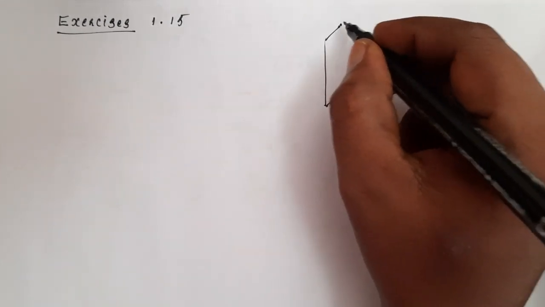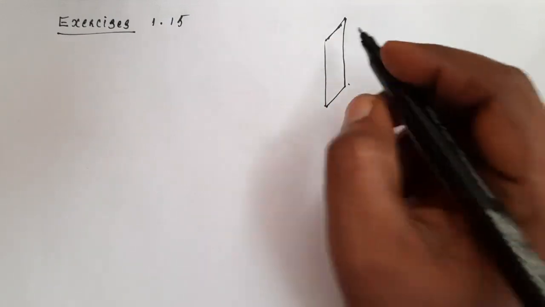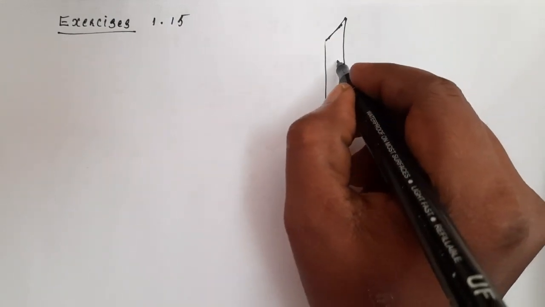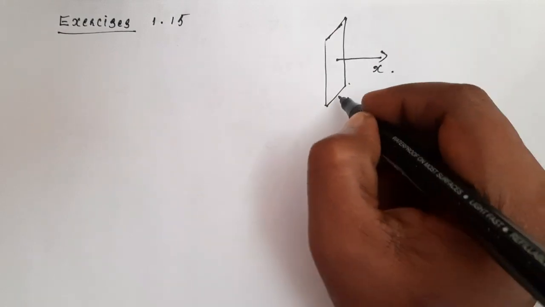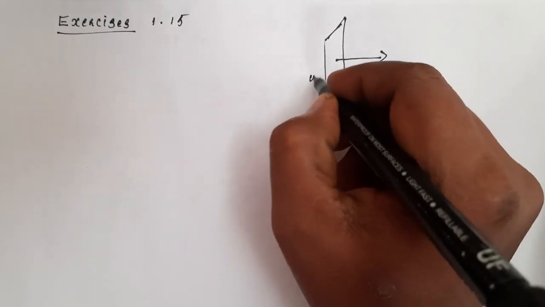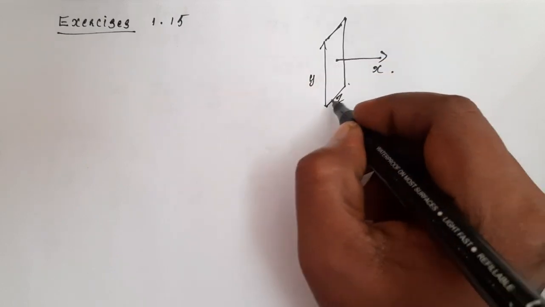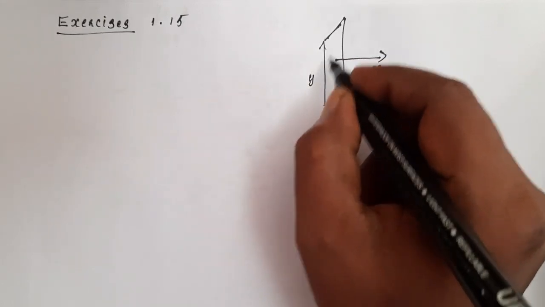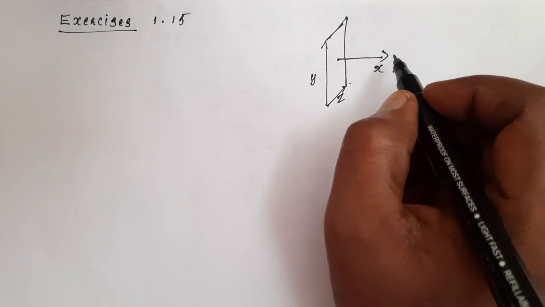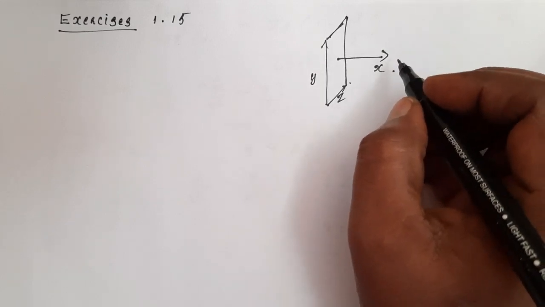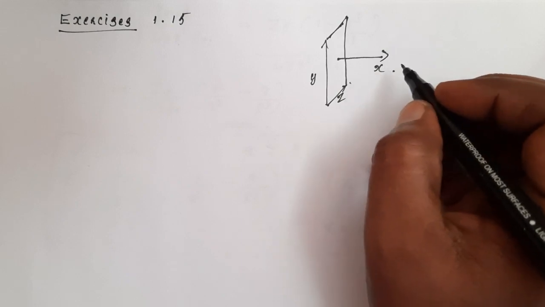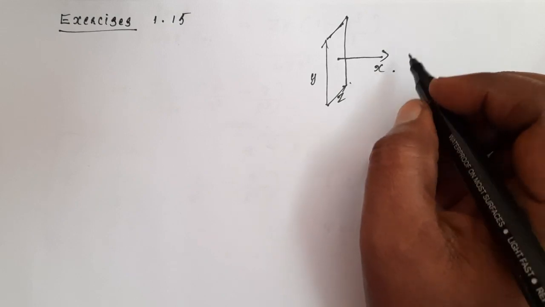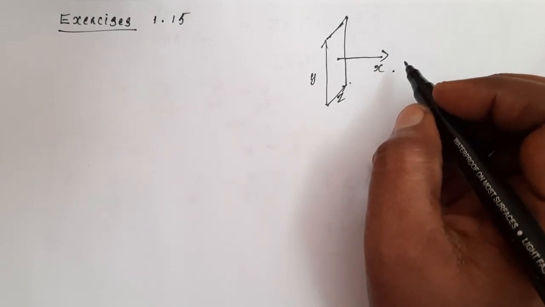So the area vector of that plane lies in which direction? X direction. So this is Z direction and this is Y direction. The area vector of that YZ plane also lies in the X direction. So the electric field is in the X direction and the area vector also is in the X direction.